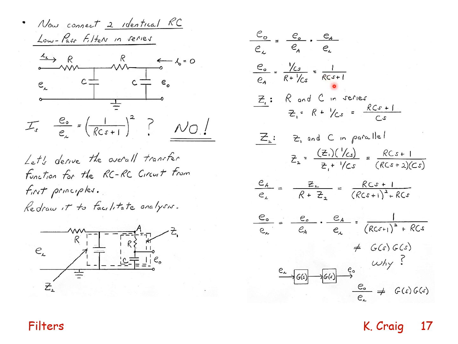If I combine these now, I get E out over EN, and I see that it's equal to this expression, which is not 1 over RCS plus 1 squared, but has this additional term. And the answer why, it's because the downstream component loads the upstream component.